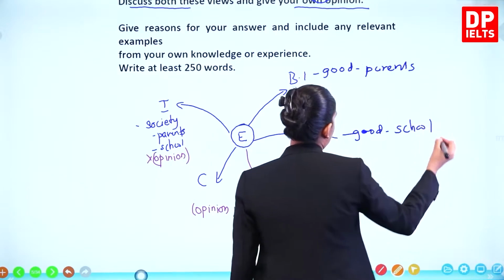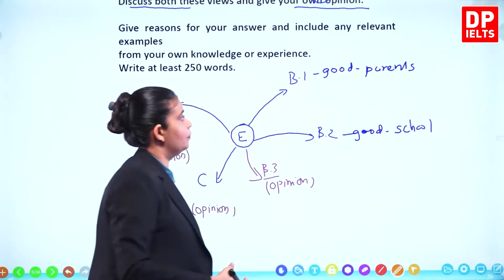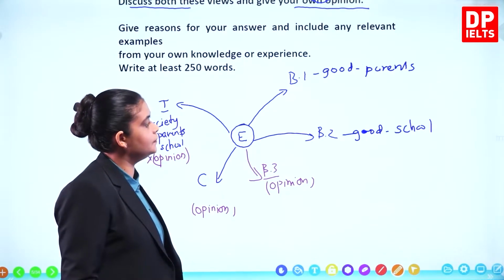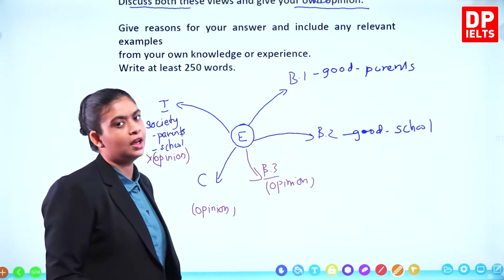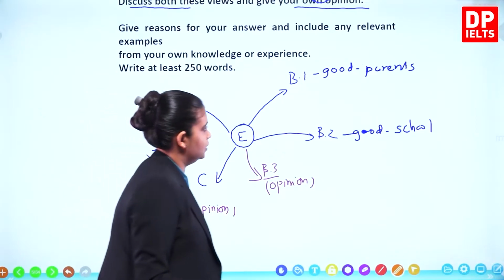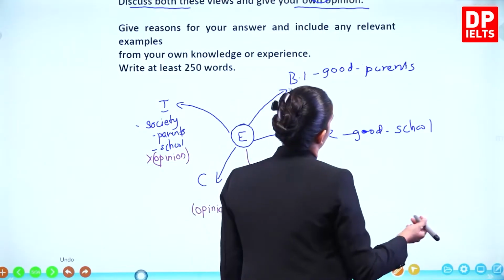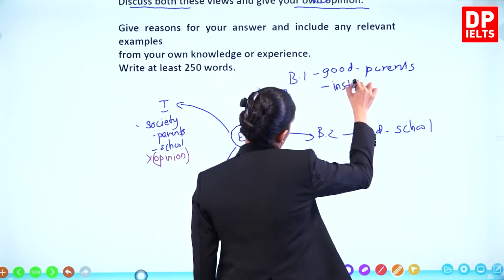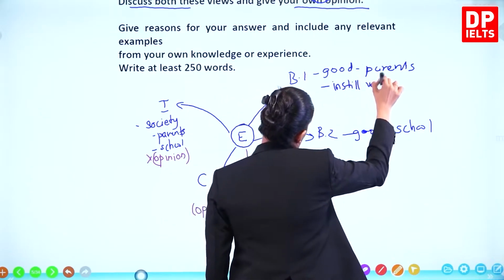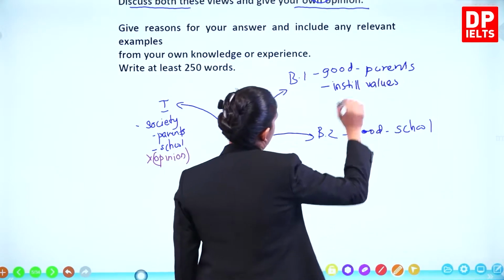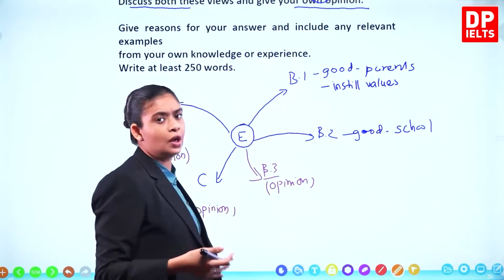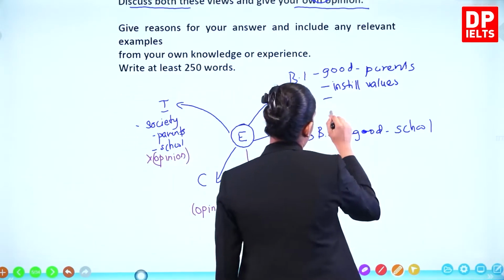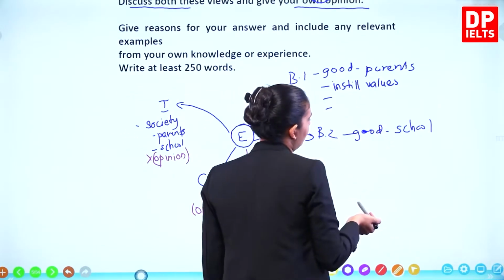So one para is going to talk about how parents should guide them to be good members of the society and how school should guide them to be good members of the society. It's important that parents should do it because parents actually instill values. And then you could jot down a few other reasons as to why you think parents need to do it. Okay, maybe 2 reasons more.